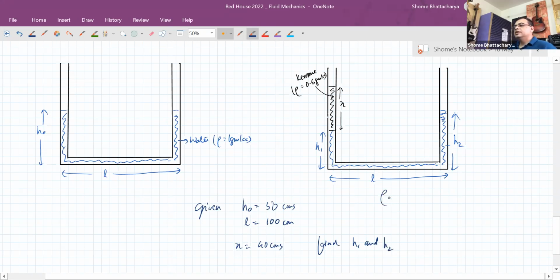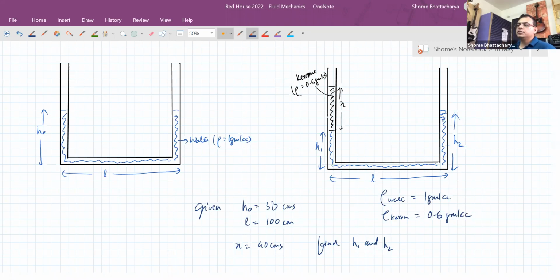You can see that the density of water given to us is the standard value 1 gram per cc, whereas the density of kerosene is 0.6 gram per cc. That's not probably accurate. It will probably be more like 0.8 or whatever, but let's take it as 0.6 for this problem. Both of these are stationary.